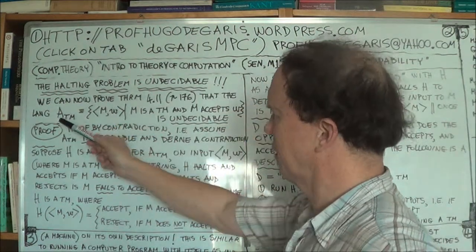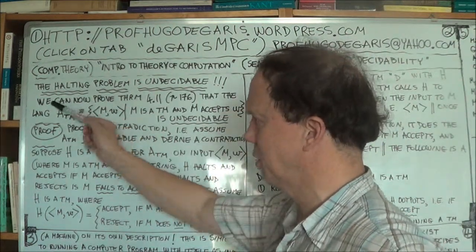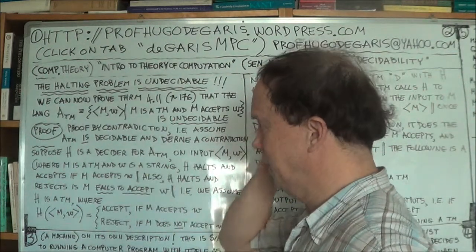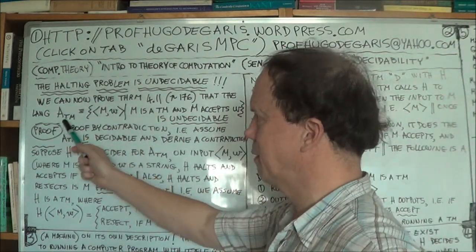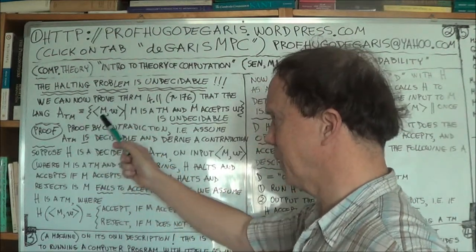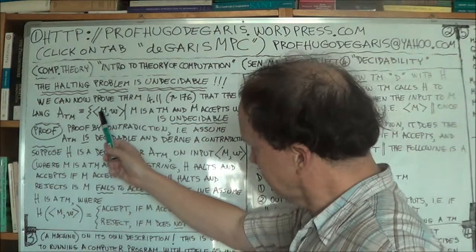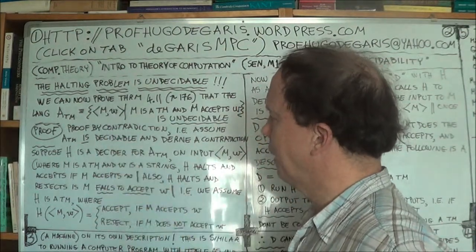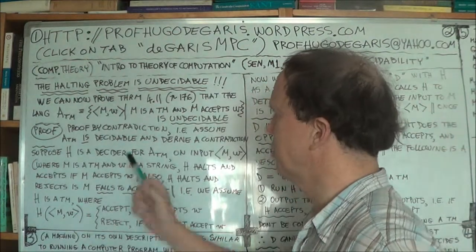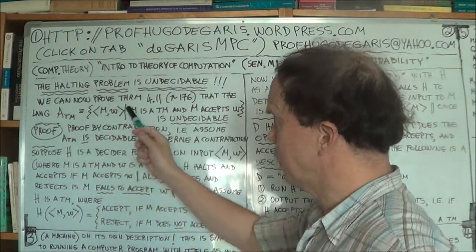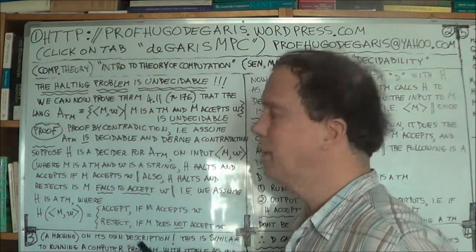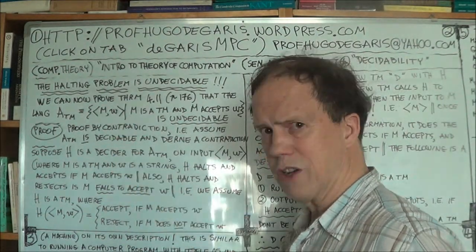So now here's the language that we will show is not decidable. A_TM, and the members of this language are ordered pairs. M is a Turing machine, and W is just a string, goes as input to the Turing machine M, and this ordered pair belongs to the language if this machine accepts this string.